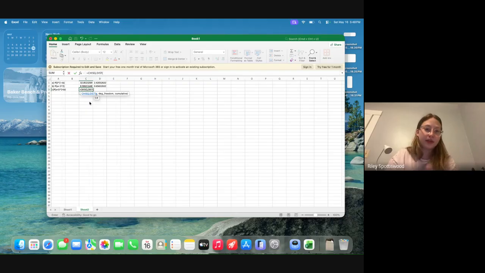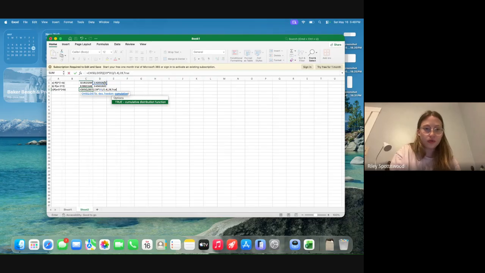So for B, that's going to be first, I'm going to do, let me add some parentheses, 19 times B, which I can just do D1, and then you divide that by 1.4. And that's your x, and then your degrees of freedom is still 19, and then true.